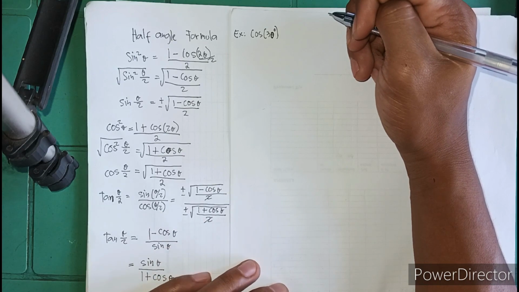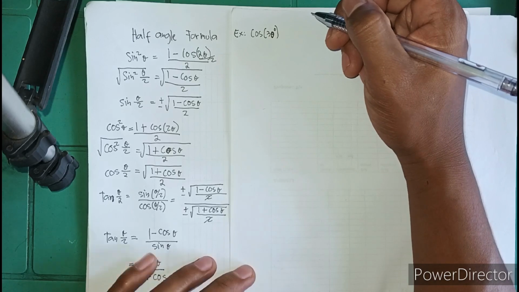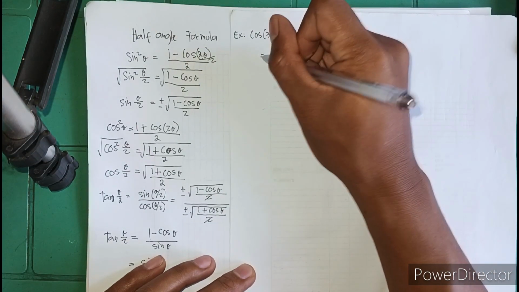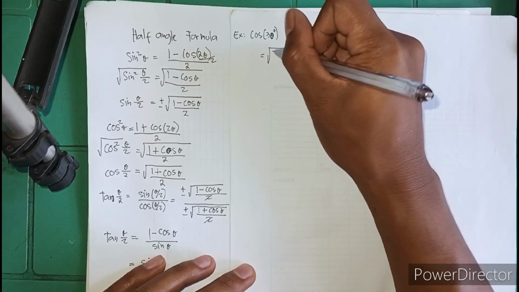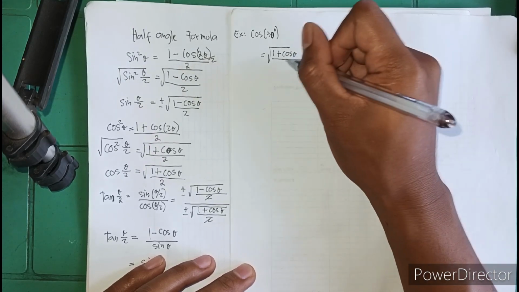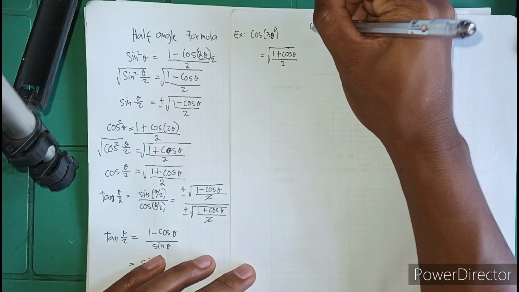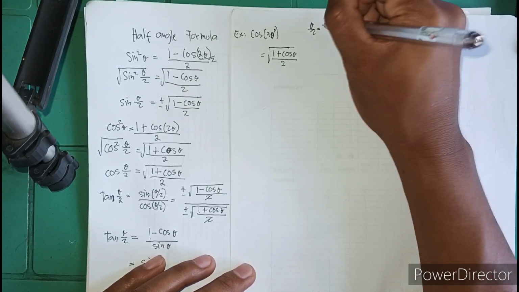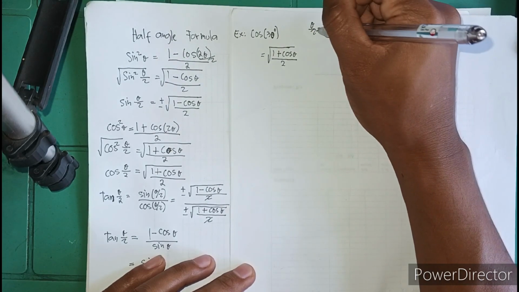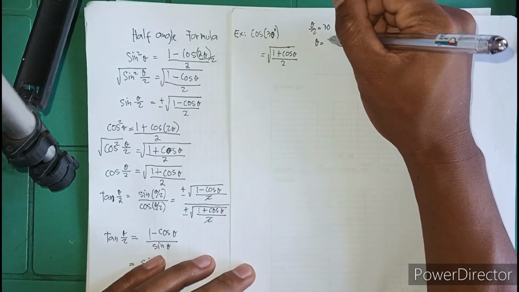So with that information, we can use this formula of cosine theta over 2 is equal to the square root of 1 plus cosine theta over 2. So given that information, we know that theta over 2 is equal to 30. So if we multiply both sides by 2 to find this theta, our theta is equal to 60.